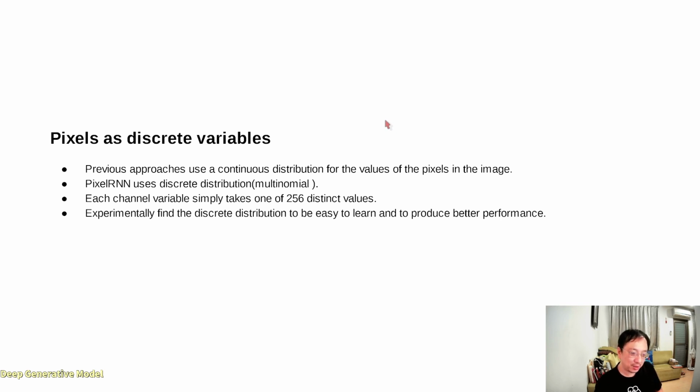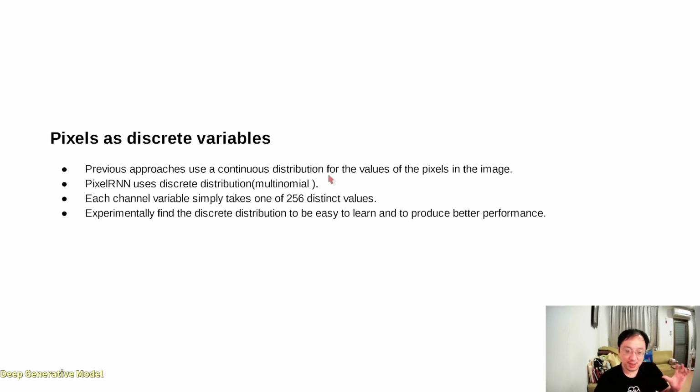So why does this get better than the previous approach, which did not use discrete distributions? The reason is probably that this is a very complicated job. Although it might be more correct to use continuous values, because it is both the input and the output, and because it provides a more meaningful loss function and more meaningful information, however, continuous distribution is very difficult to handle.